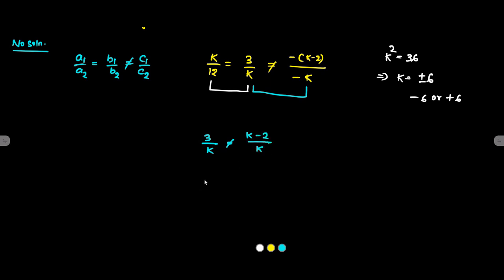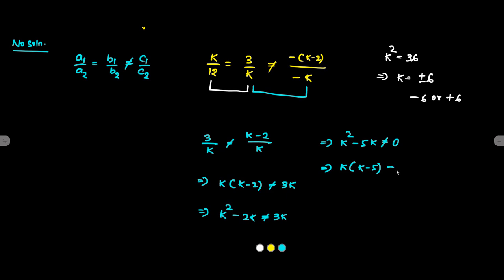That implies k into k minus 2 should not be equal to 3k, so k square minus 2k should not be equal to 3k, that implies k square minus 5k should not be equal to 0. That implies k into k minus 5 should not be equal to 0, so k should not be equal to 0 and k should not be equal to 5.